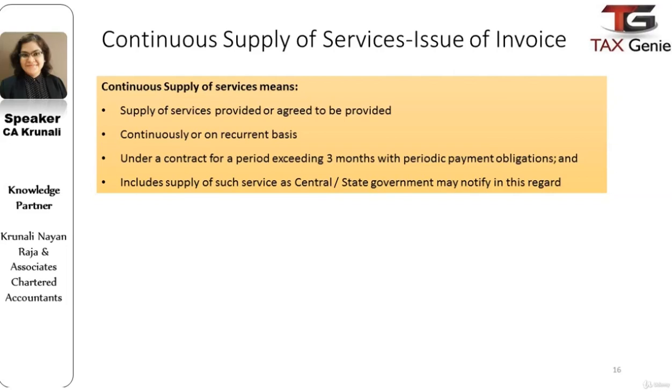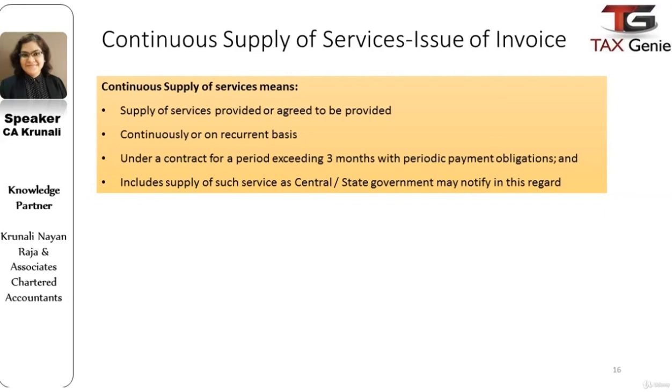So continuous supply of service means supply of services provided or agreed to be provided continuously or on a recurrent basis, which is under a contract for a period exceeding 3 months and with periodic payment obligations. And it includes supply of such service as central and state government may notify in this regard.